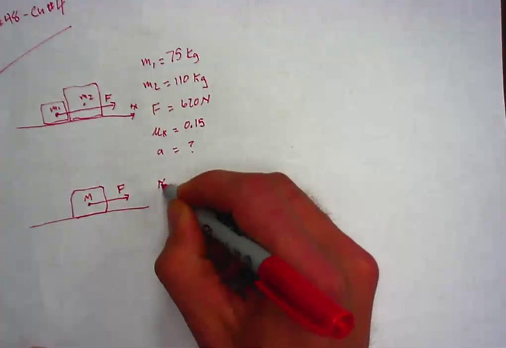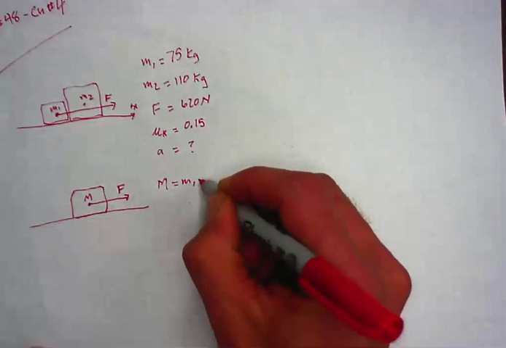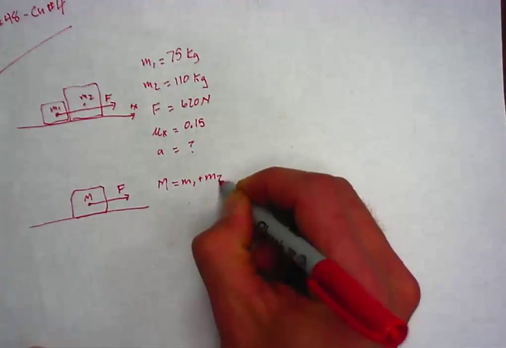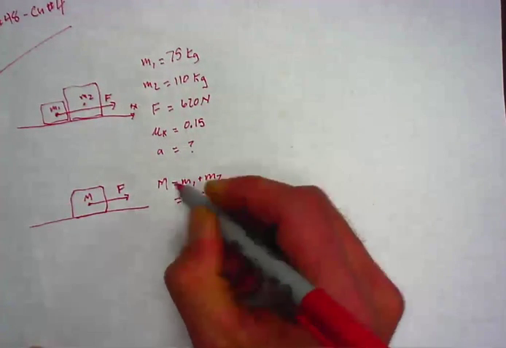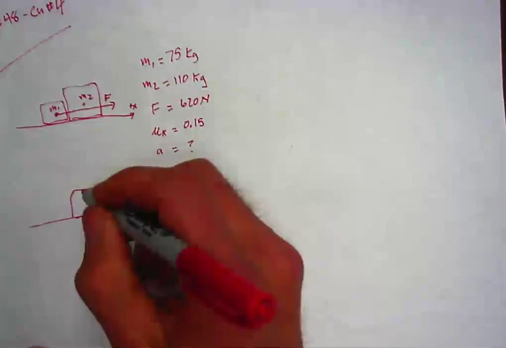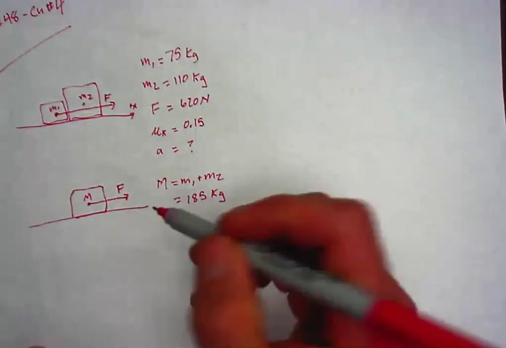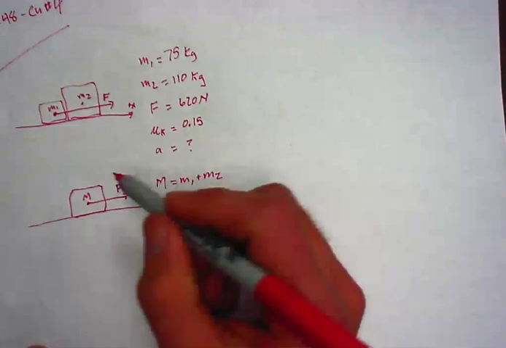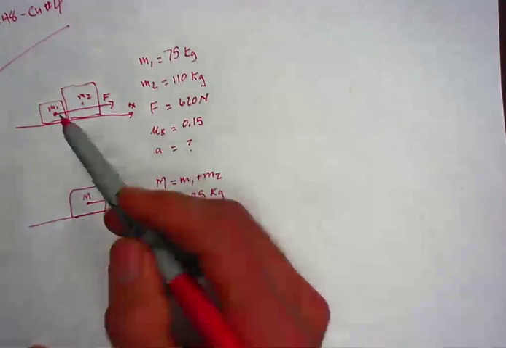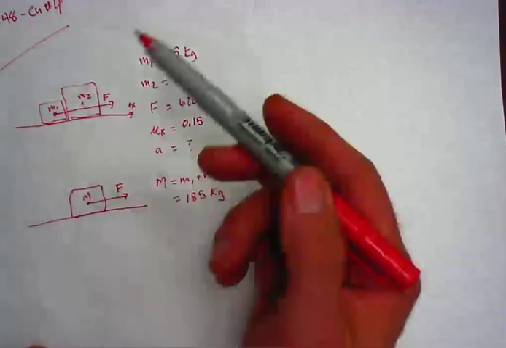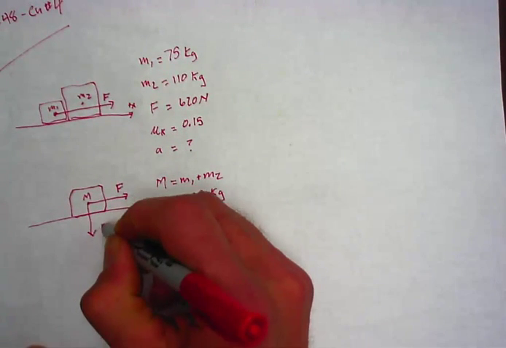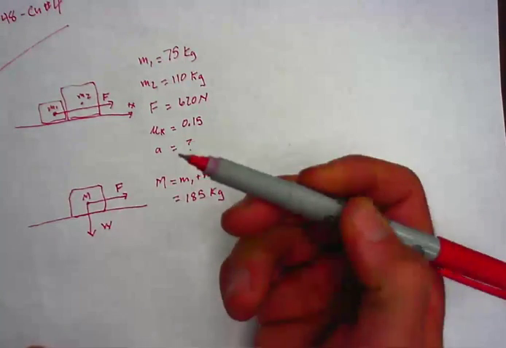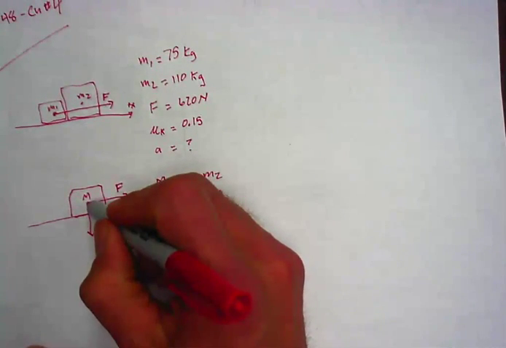I have a single box of mass capital M, which is M1 plus M2, which is 185 kilograms. I'm applying this force F. What's its acceleration? That's an easier problem, and it's essentially the same. If these boxes were glued together, we wouldn't know the difference. Since they don't separate, I can do that.